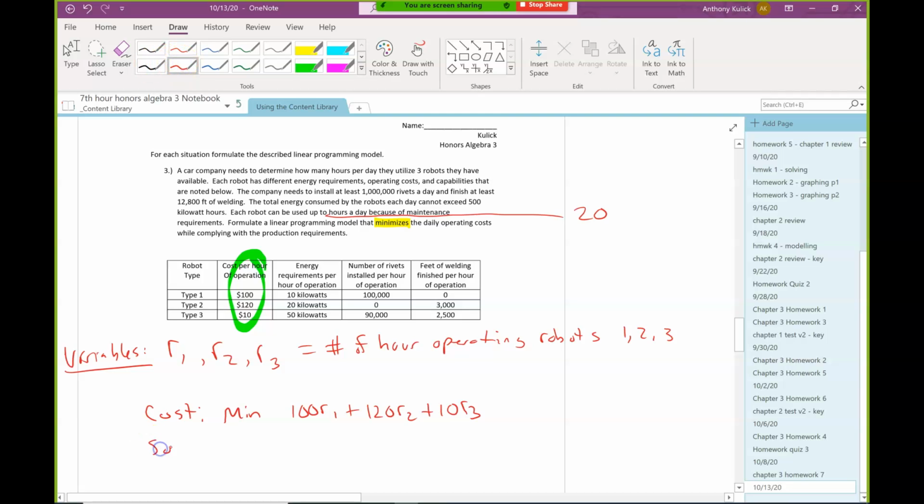And then we have our constraints. So if we read the story, there's a bunch of requirements, a bunch of work that these robots need to accomplish each day, or a bunch of other things that the robots are required to do or not do. So what's another constraint that we could say here? Amy?